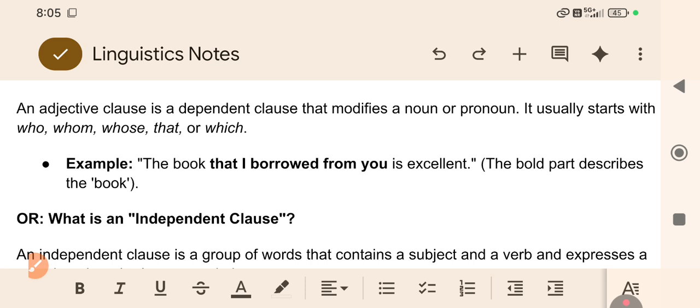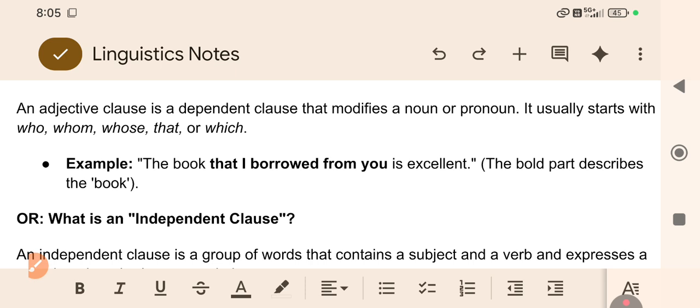But according to parts of speech, clauses are categorized in a different way: subjective clause, objective clause, or predicative clause, right? And then noun clause, then verbal clause, adjectival clause, adjective clause, adverb clause, or adverbial clause, this way.